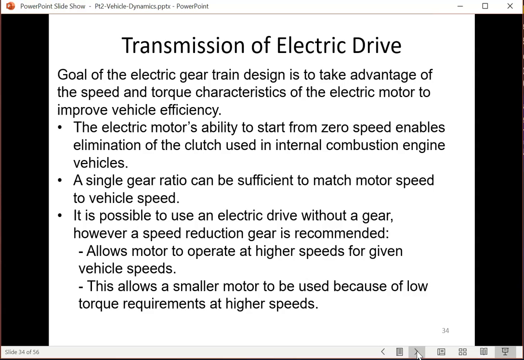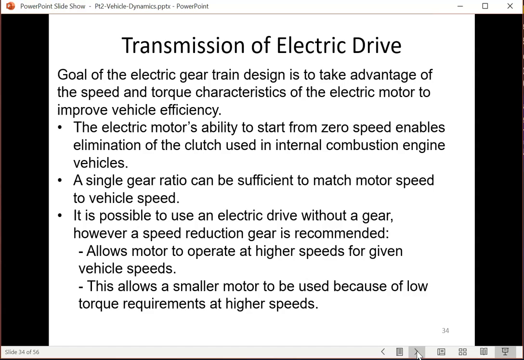And then once the speed is up, electrical motors will hit a limit of a power rating, so the traction force or traction torque will reduce inversely proportional to speed. But that's okay, because once you get up to speed, you don't need high torque anymore.